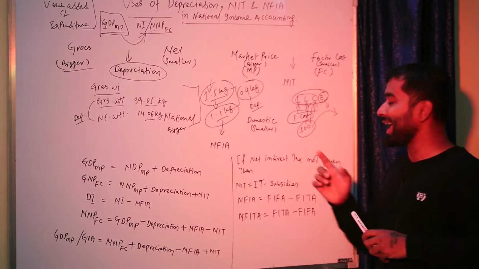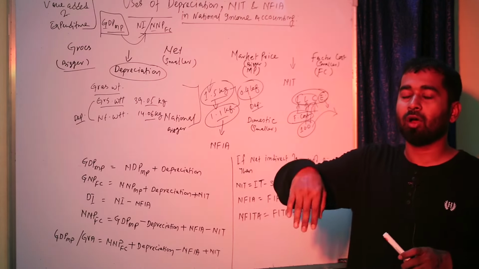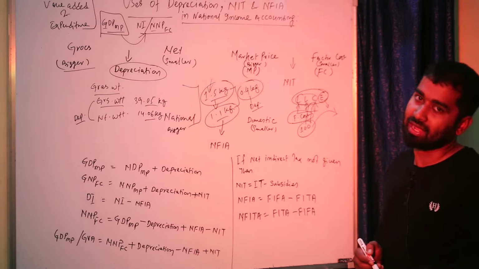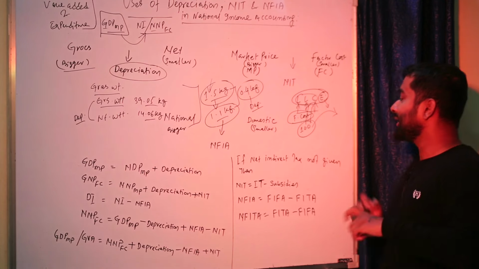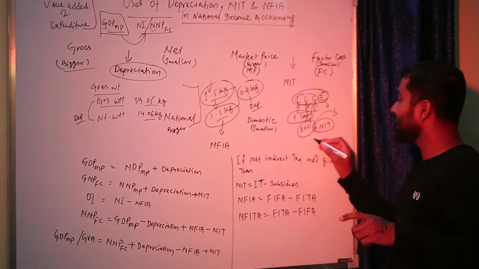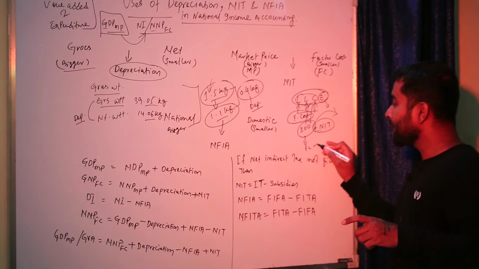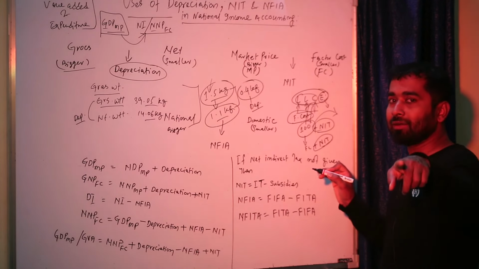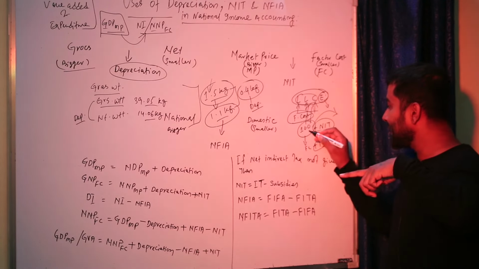The tax you are collecting from the customer or ultimate user is GST, or we can say indirect taxes. So you add indirect taxes to the factor cost.